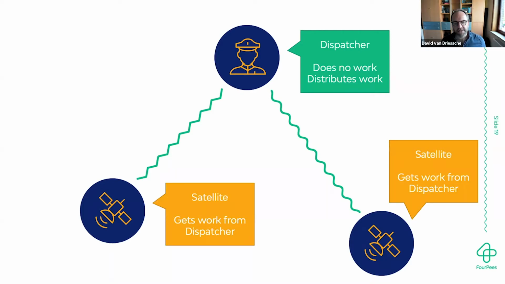The satellite gets a task from the dispatcher, it does it, and then it returns the result to the dispatcher. This is how it works. In order to make this useful, you would need at least the configuration that I have on screen here, one dispatcher and then two satellites. If you do less than that, it becomes kind of silly in most cases.